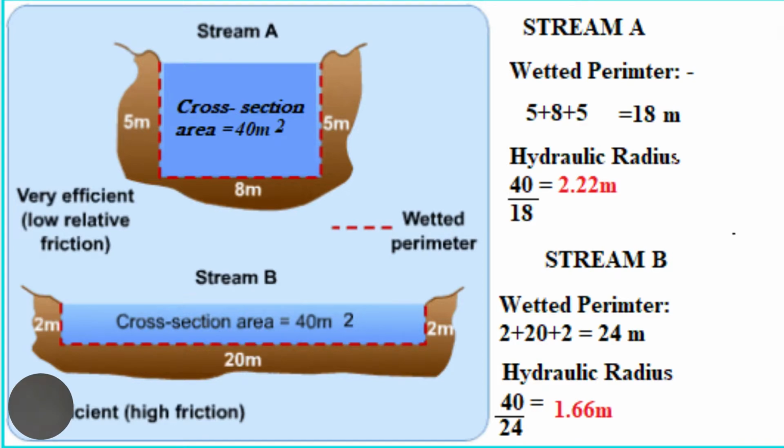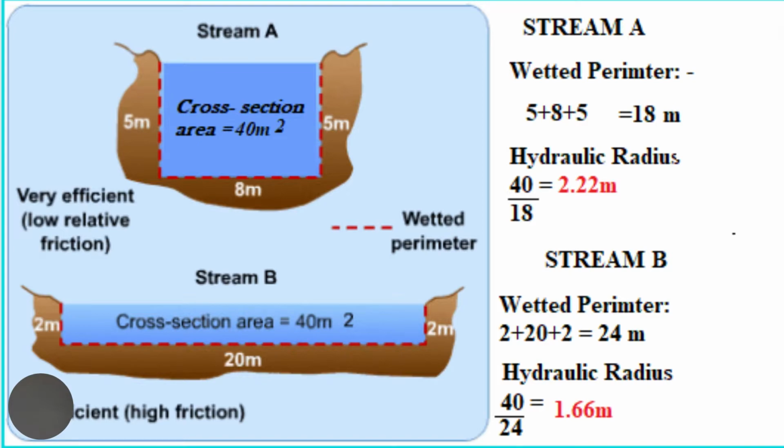So now that we have the wetted perimeter and we have the cross-sectional area, we can calculate the hydraulic radius. To get the hydraulic radius, we divide the cross-sectional area, which is 40, by 18, which is the wetted perimeter, and this gives us 2.22 meters.